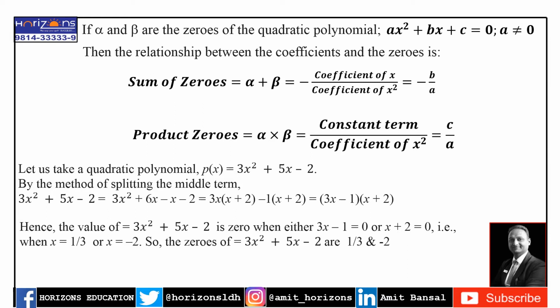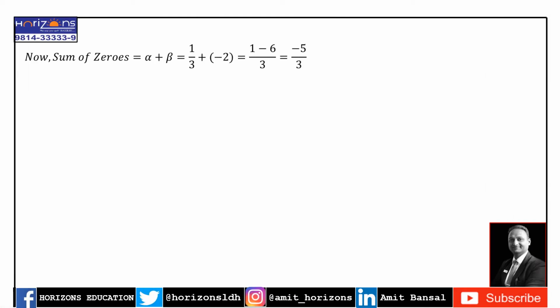So now let us think what actually the relationship between these zeros and the coefficient mean, and how can it be verified, right? So here in this particular example only, the sum of zeros alpha plus beta will be equal to 1 by 3 plus minus 2, because that are the two values of the zeros that we have obtained.